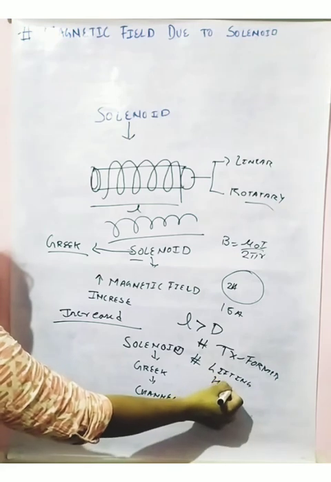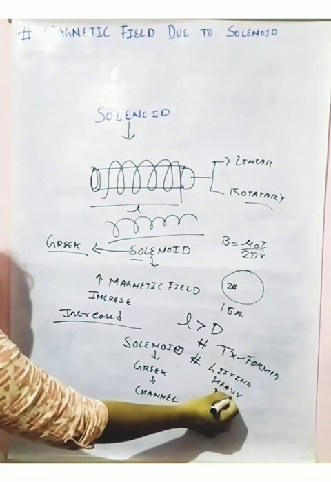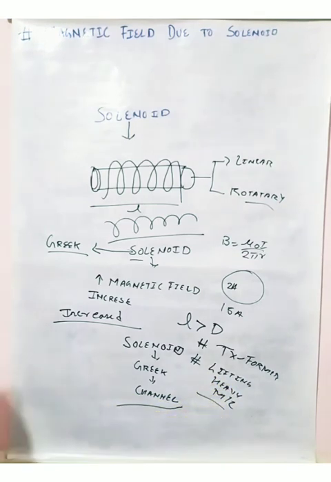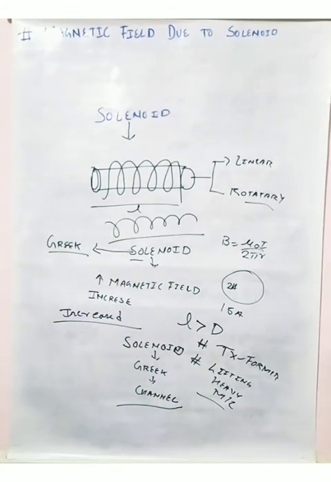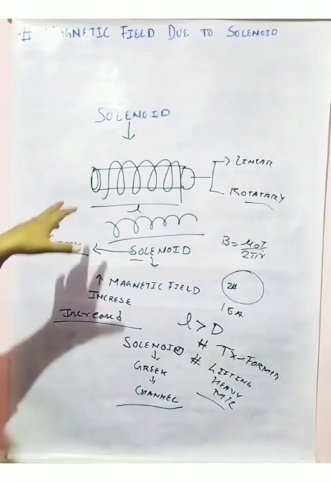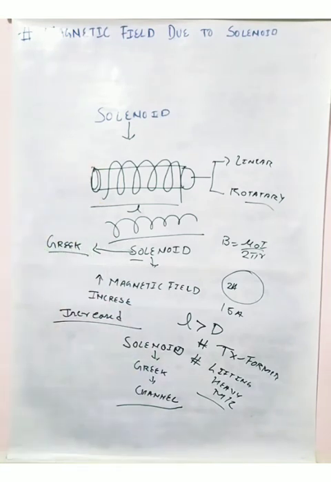These are some practical examples. The solenoid is also used in inductance coils. Basically, a solenoid can also be turned into an electromagnet. So these are some applications of your solenoid.